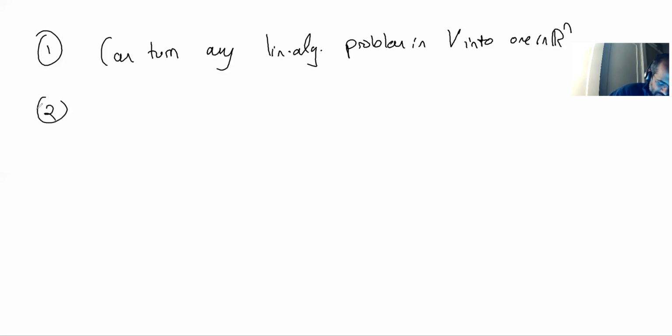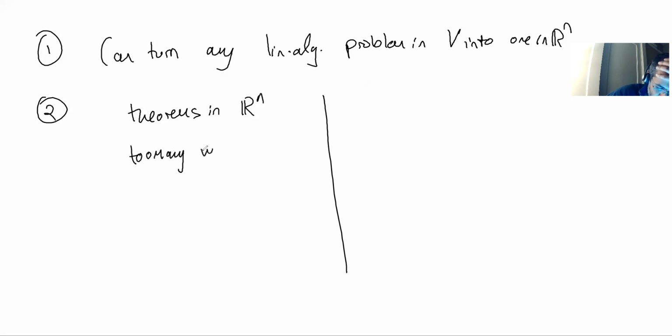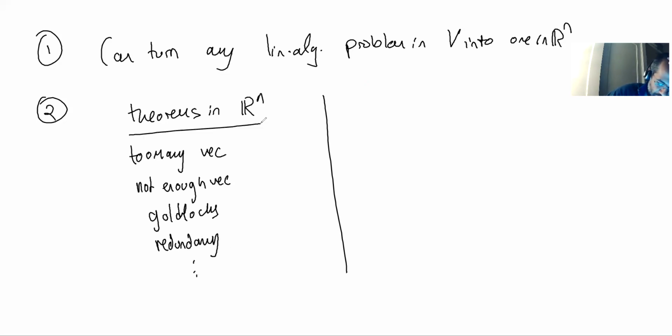And the second thing, which answers a question somebody asked earlier: we had this whole stack of theorems in Rn, right? We had too many vectors. We had not enough vectors. We had Goldilocks. We had the redundancy theorem, et cetera. And now it would be kind of a drag if you had to prove all of those again.